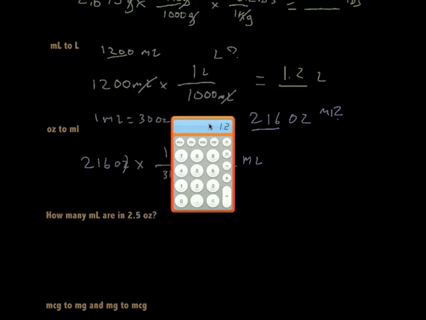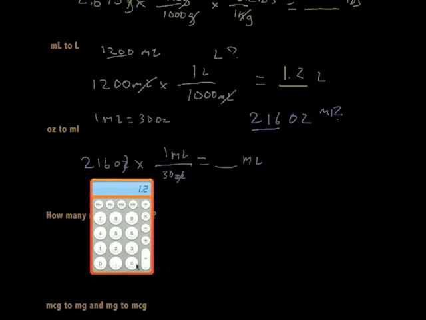So grab your calculator so you can see it there. 216 divided by 30 and I have 7.2. Now, on volumes or on liquids like this, you go out to the hundredths place and round to the tenths place unless the number is less than 1.